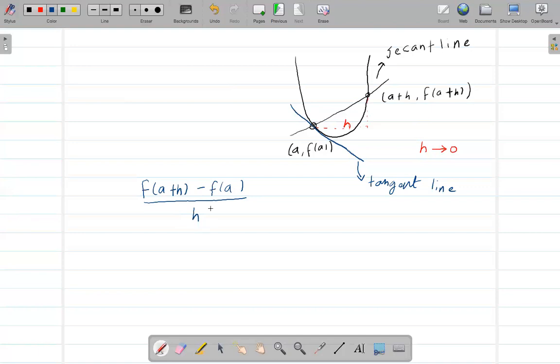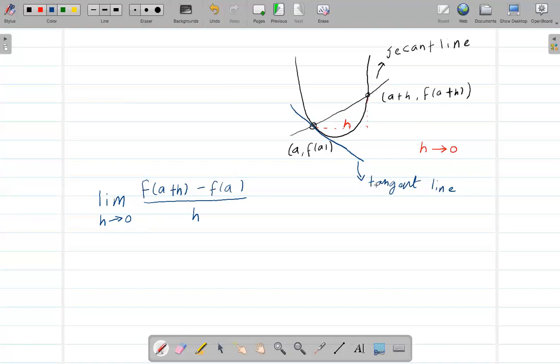Now for the tangent line, the slope is what we get when h approaches towards 0. For approaching things, we introduce a limit, as I said in section 2.1. So we can rewrite this as the limit where h approaches towards 0. When h approaches 0, we find the slope of a tangent line.